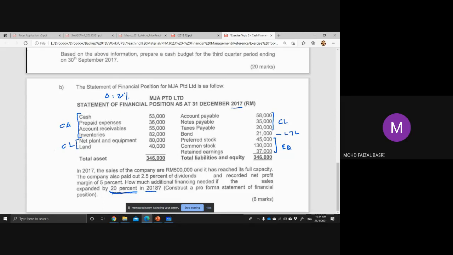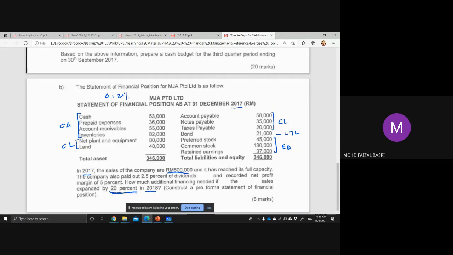But what if the question doesn't provide us with this? So kalau dia tak bagi you this percentage, they might give you 2 years of sales. So for example, in this question, dia bagi in 2017, the sales are 500,000. Dia bagi tahun semasa je, the current one.